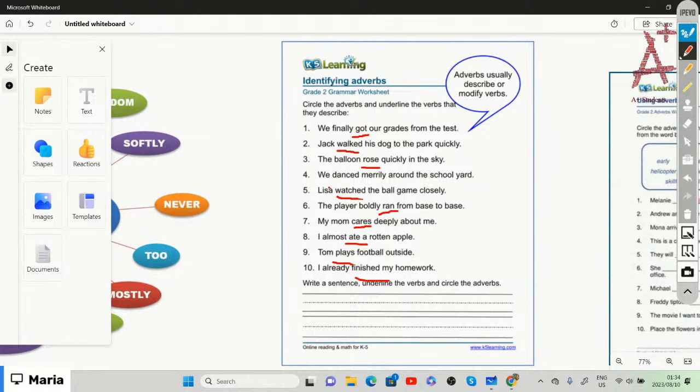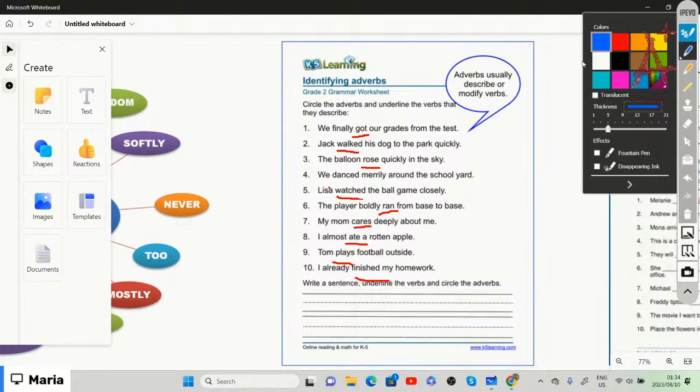So we finally got our grades from the test. So I'm going to say finally. I'm going to circle finally, right? Jack walked his dog to the park quickly. So how does he walk his dog to the park?